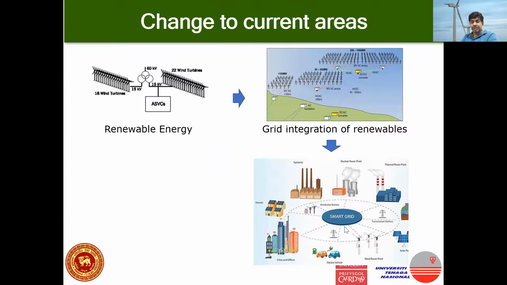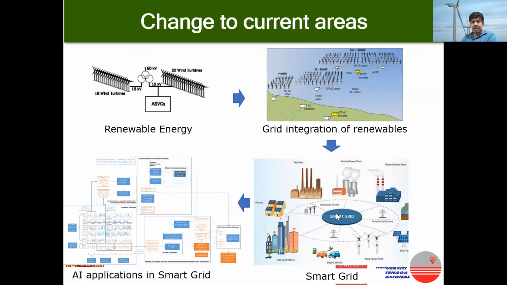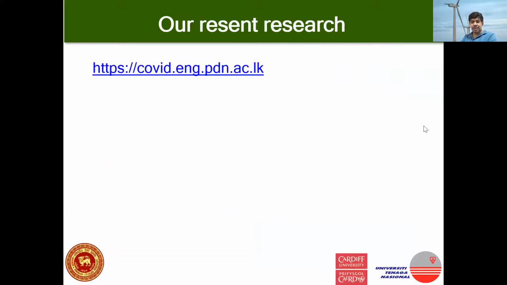Then I realized that there is leverage for smart grid with the renewable energy additions. So I started doing research on smart grid, and more recently I started working on AI applications in smart grid. And once I got into AI with the AI expert in the department, we said, why not try AI applications in other areas? And more recently, we got this new project where we are doing AI applications for COVID.